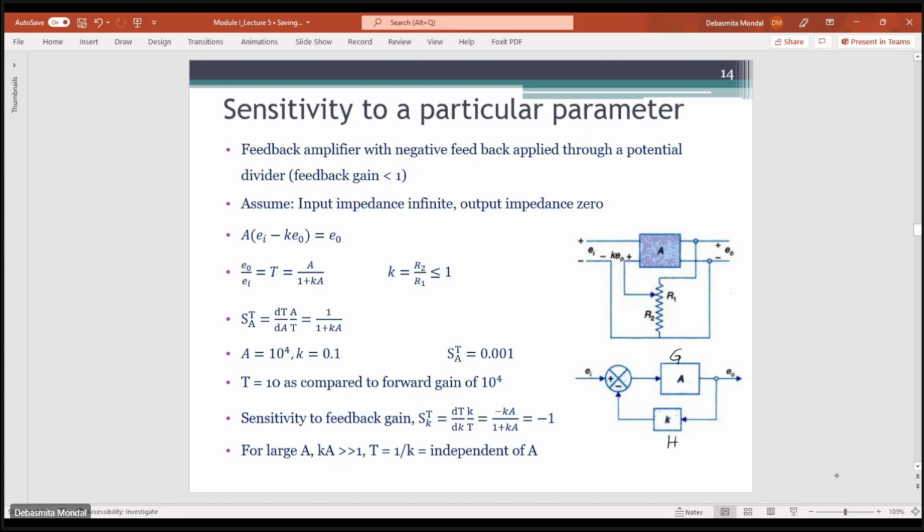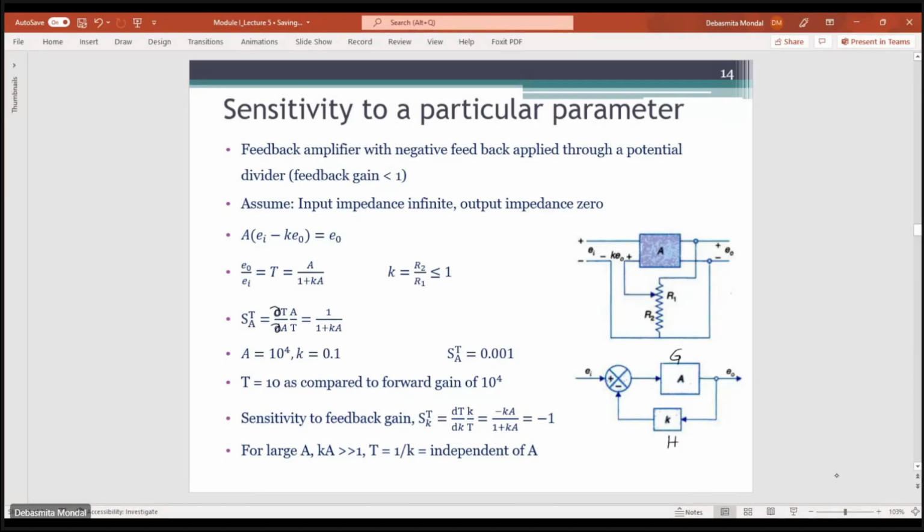Now if you want to find the sensitivity of this overall transfer function with respect to any variation in the forward path gain A, that will be delta T by delta A into A by T, which comes to 1 by 1 plus KA.